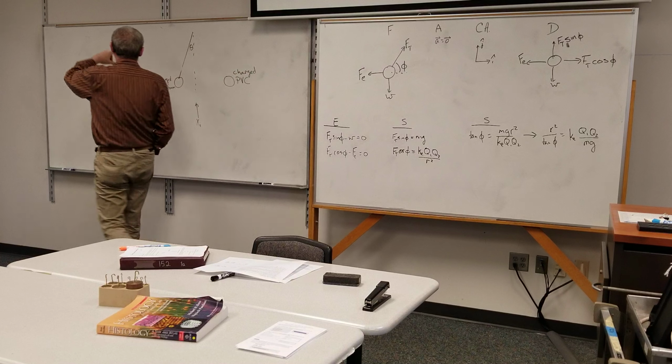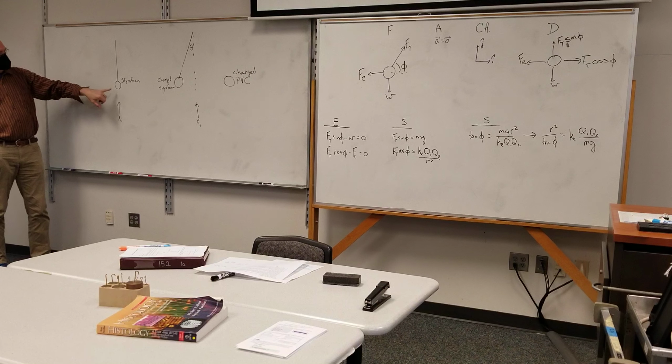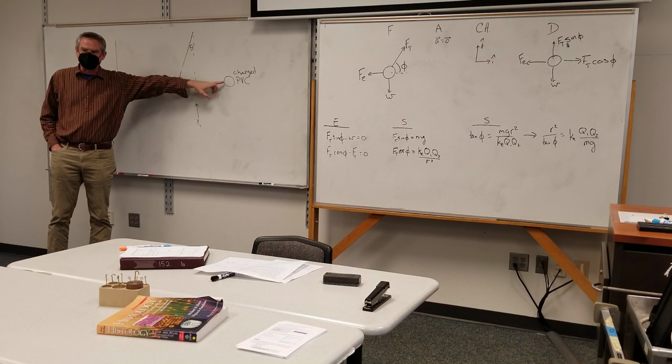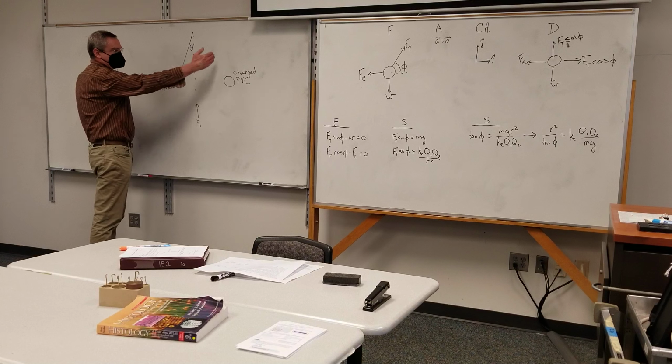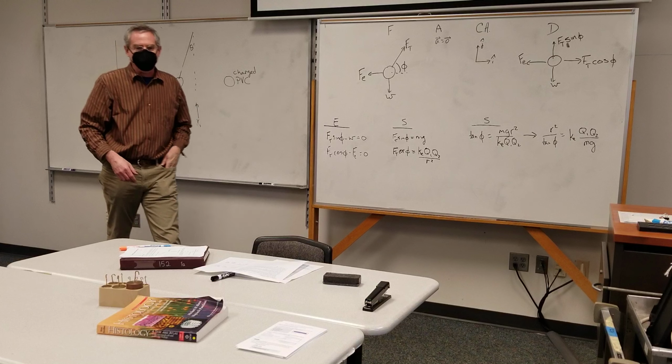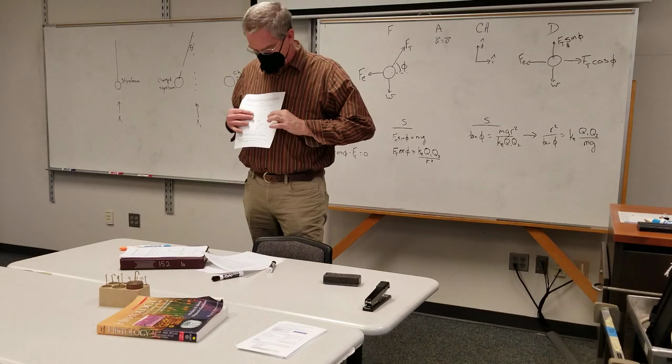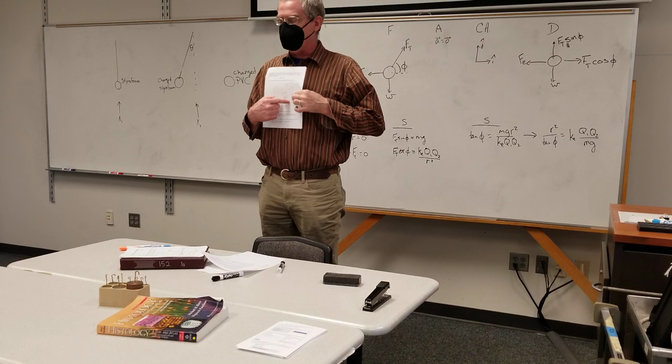But you're going to have styrofoam hanging on a string, and then you're going to charge the styrofoam and you're going to charge PVC. You're going to put PVC in the same spot every single time. In the lab itself, I have a diagram here, and I put 15 centimeters away.